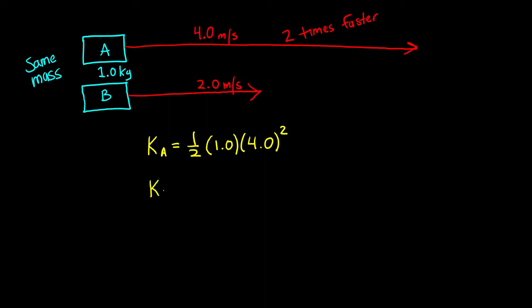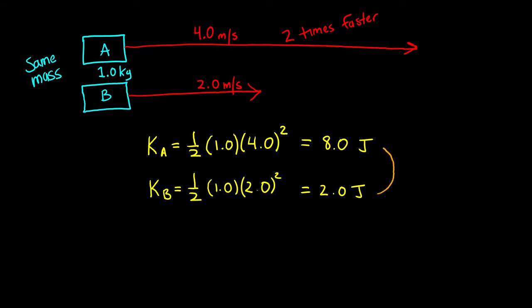The kinetic energy of object B will be 1/2 the mass of object B, which happens to still be 1 kilogram, times the velocity of object B, which is 2 meters per second, squared. 4 squared is 16, times 1 is 16, and 1/2 of 16 gives you 8 joules. For object B, 2 squared is 4, times 1 is 4, and 1/2 of 4 is 2 joules.